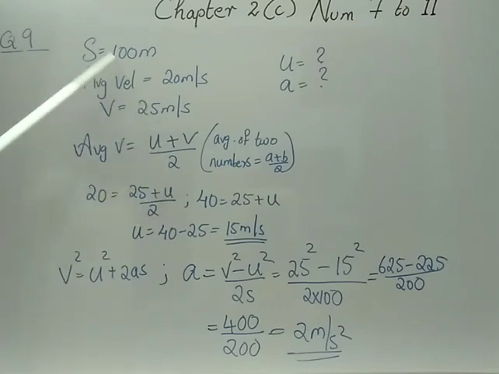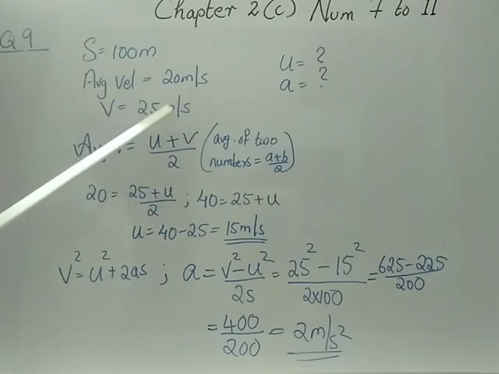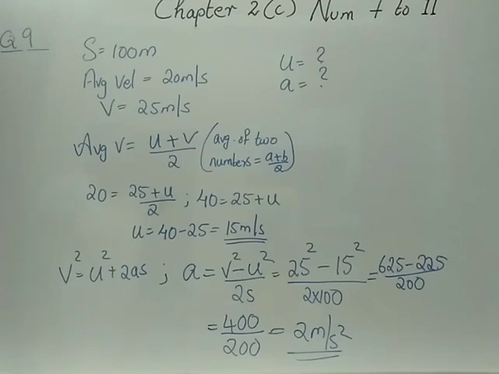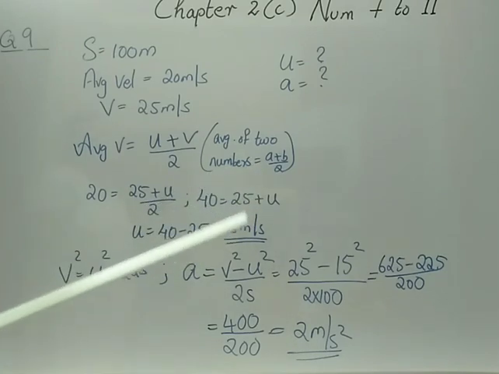Here you can see displacement or distance is given, average velocity and final velocity are given. Actually the formula for average velocity is total distance by total time. Here time is not there. So we can use another formula for finding the average. In your maths class you would have studied how to find the average of two numbers. Average of two numbers is a plus b by 2.